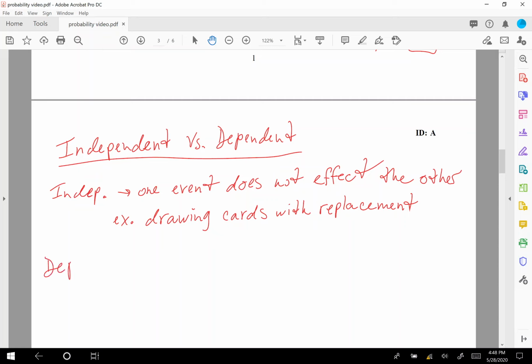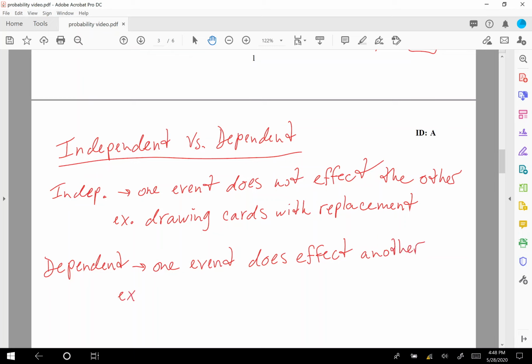Dependent: one event does have an effect on the outcome.